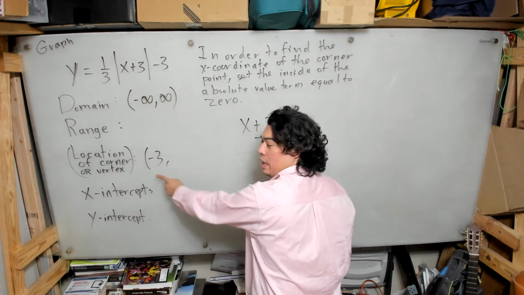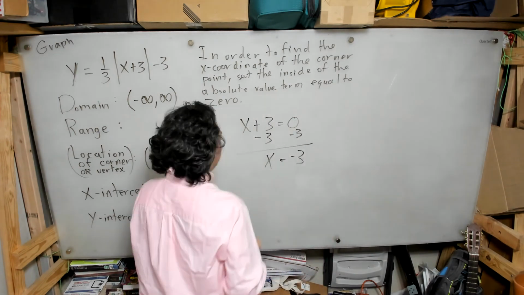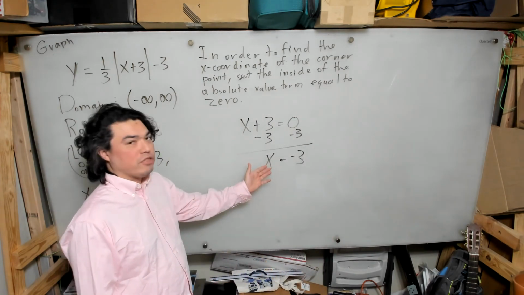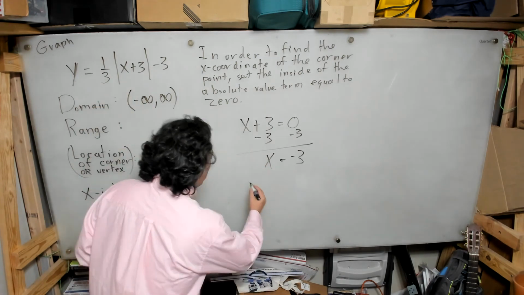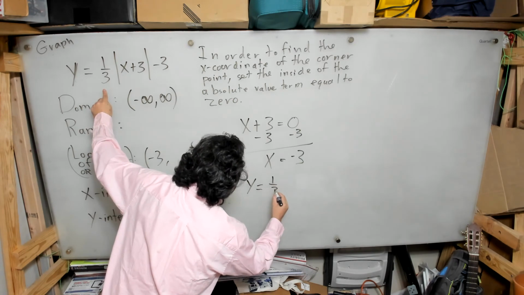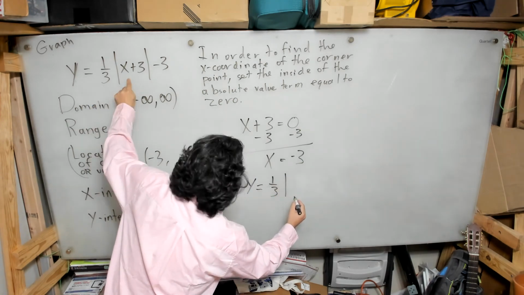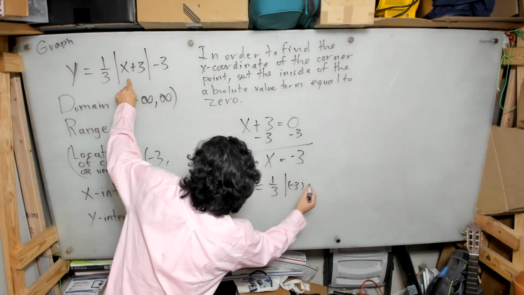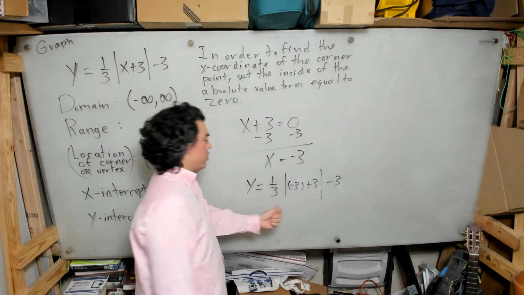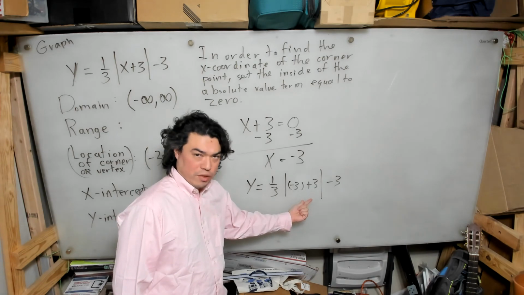Now what I'm going to do is find my y coordinate. How do I find the associated y coordinate? I'm going to use this x value in the equation. So my associated y value is going to be y equals 1/3 times the absolute value of negative 3 plus 3, minus 3. Now negative 3 plus 3 is 0.